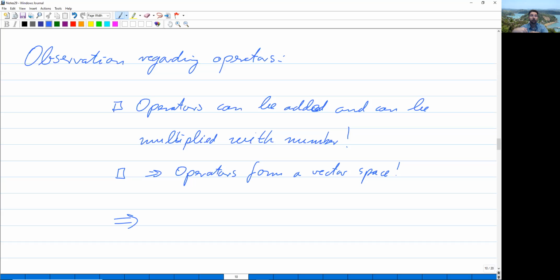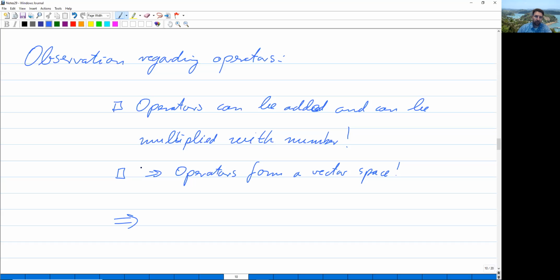Now, in our case, we are dealing with operators forming a vector space. There's the vector space of operators that belong to the system A. And then there's a vector space of operators that belong to system B. And we can consider the tensor product of them.